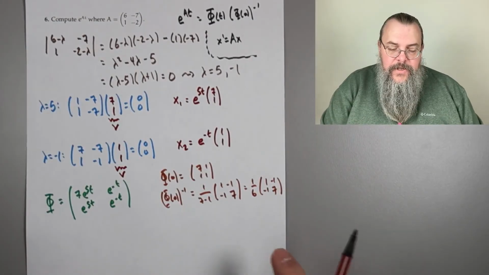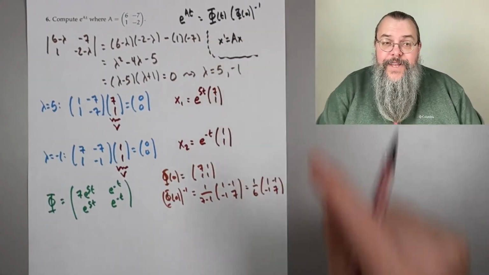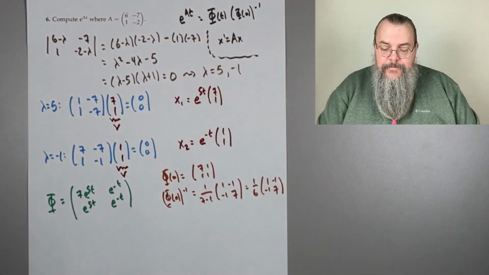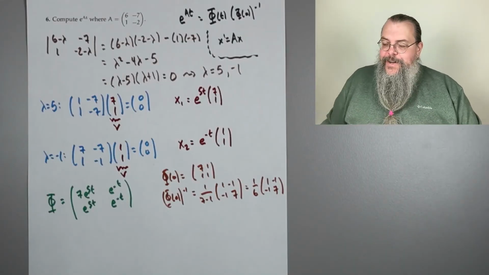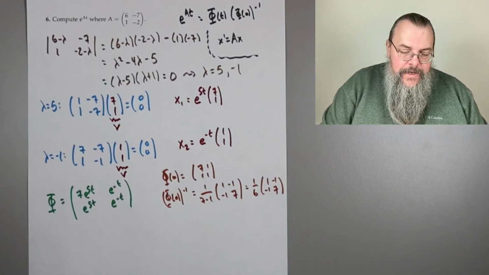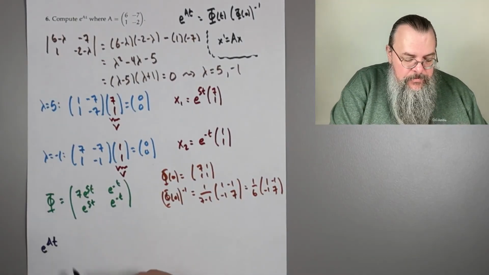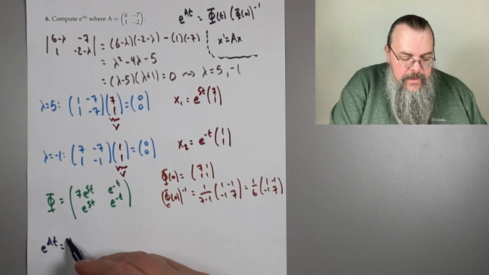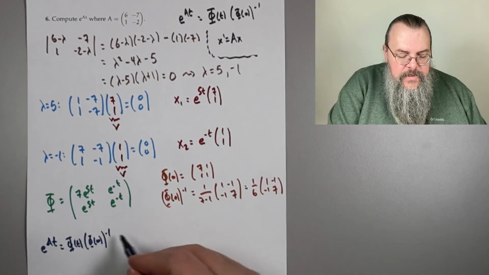Now we multiply these two pieces together, and then life will be good, because we'll have the answer. All right, we're ready to do our last hurrah. So e to the at, we know that's phi of t times phi 0 inverse.